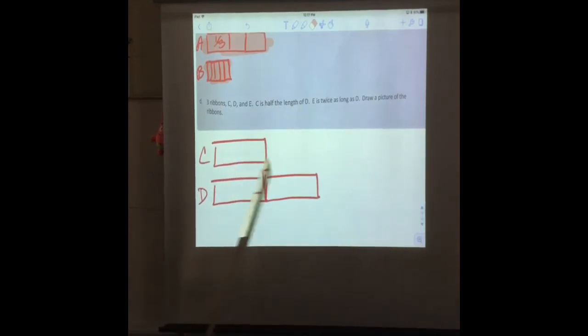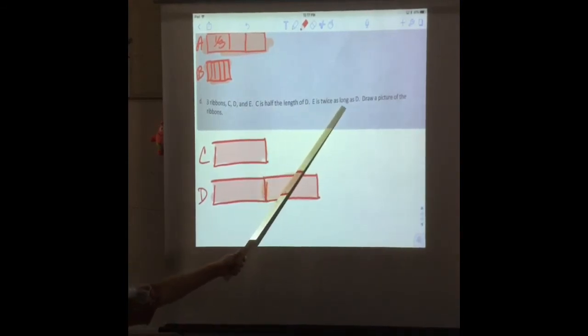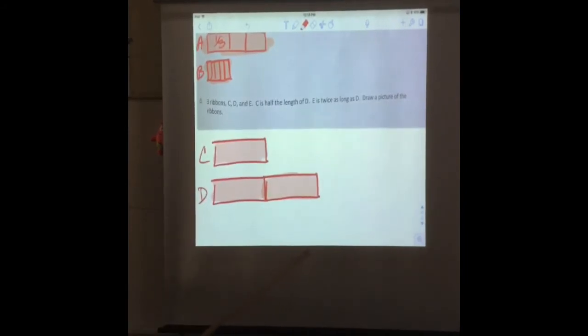Half the length of D. Here's C, and here's D. Said E is twice as long as D. E is twice as long as D.